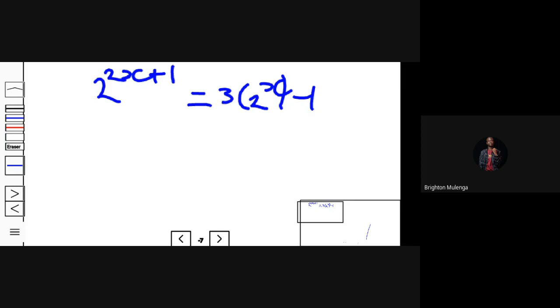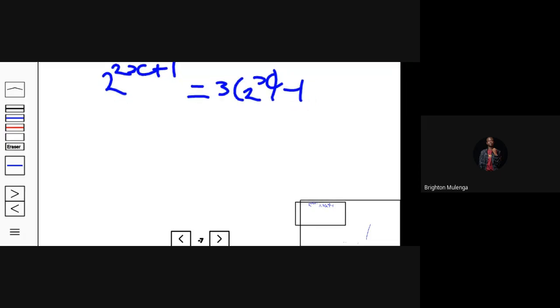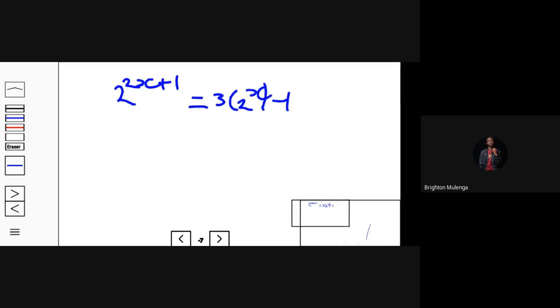That's what they did there. And if you've got the same base and then they are adding, we just multiply the powers. So in our case, they were multiplying, so they had to add their powers.